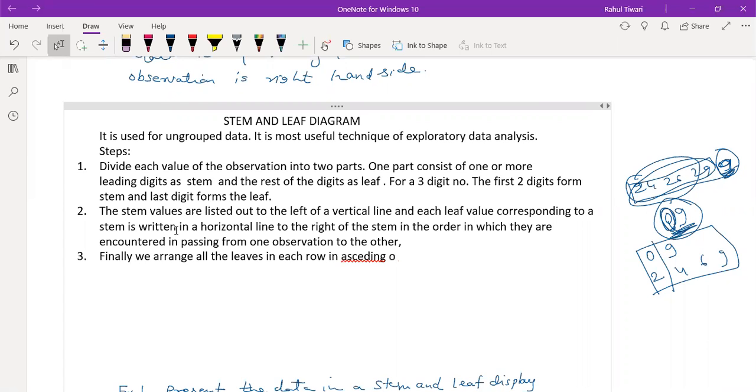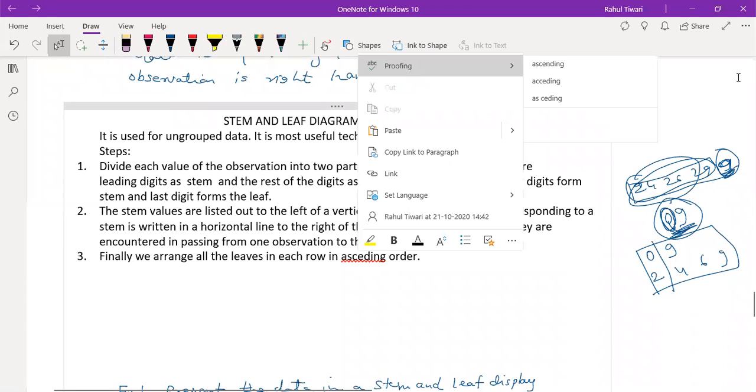There may be a spelling mistake, so you can correct it later on. So this is the entire theory of the stem and leaf diagram.